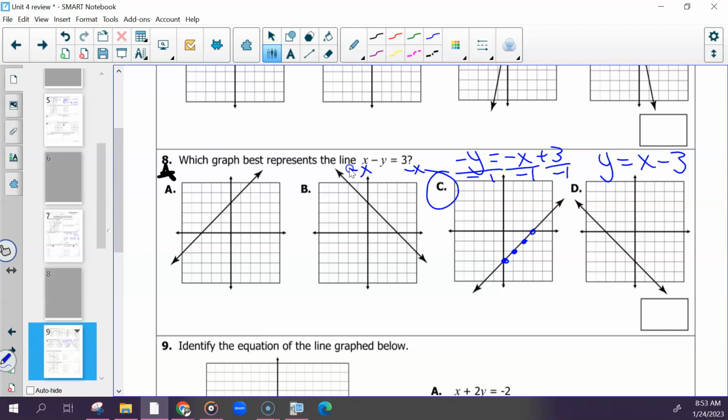On the next page, 11 and 12 are intercept stuff again. 13, you would have to convert all the ones that are not, but that's also more of an intercept thing. So questions on 14 or 15?